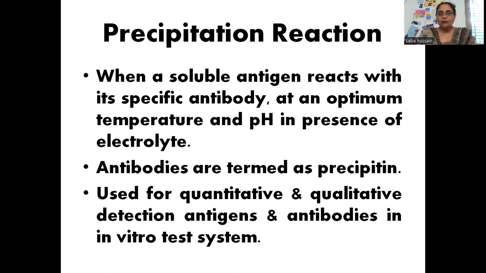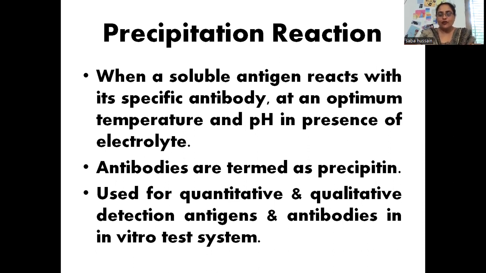So this is performed in vitro, where the pH and everything is maintained. And in this, soluble antigens are the ones which can be used or detected. Then only will the antigen antibody reaction form a precipitate.